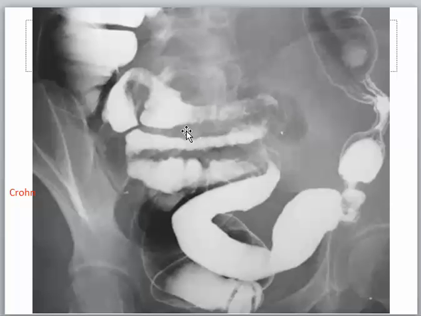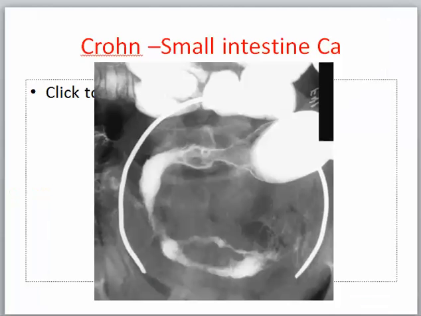And at the same time, you can have the involvement more on one side. This one, for example, has some irregularity and it's extending, but here the irregularity is less. So that is asymmetry of the involvement of the single loop. And in Crohn's, we will get the lymph nodes also appearing and displacing, or we can get cancer, as in this area.